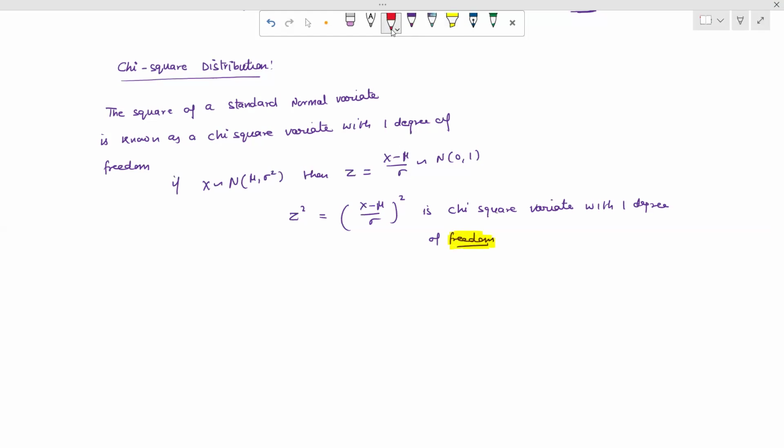So with 1 degree of freedom, now we write down the general case.